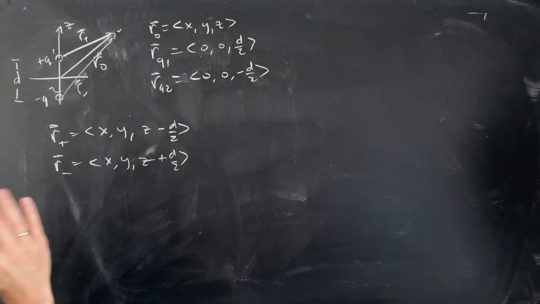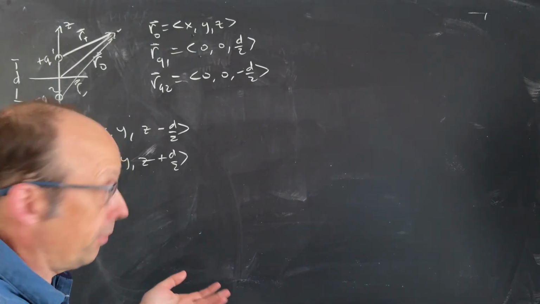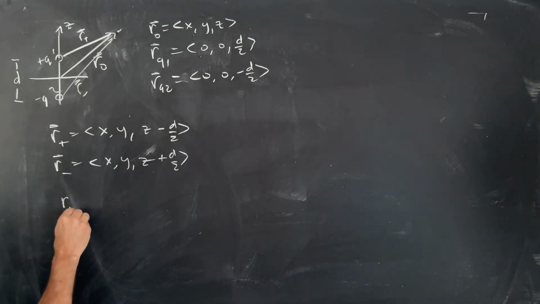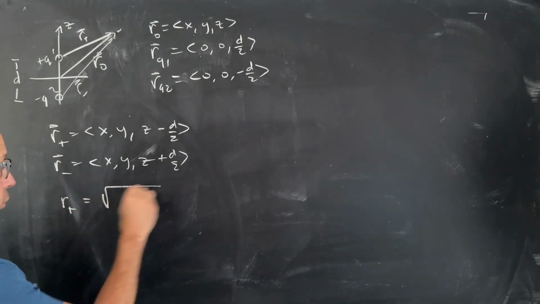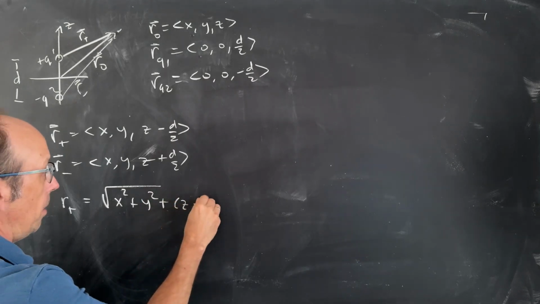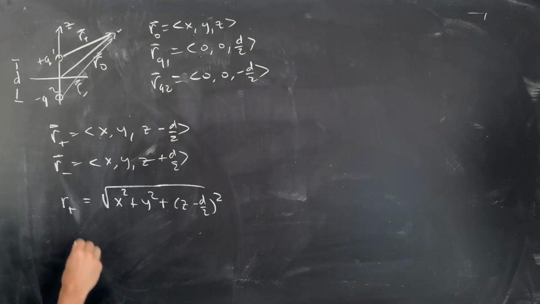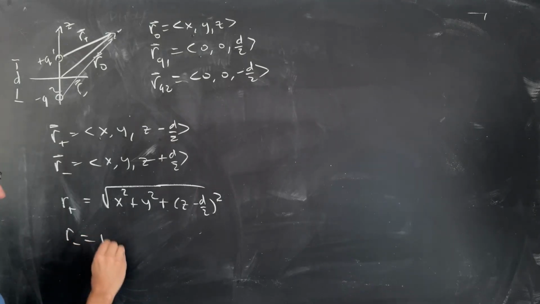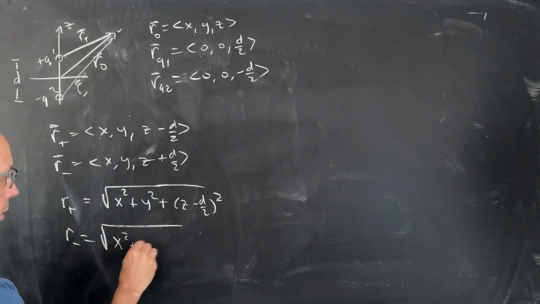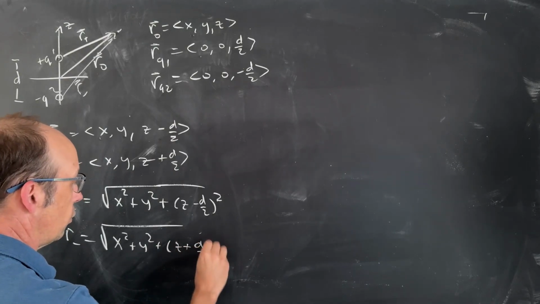Okay, so now we're going to have to find the magnitude of both of these vectors. So I'm just going to say r plus, the magnitude of that is going to be the square root of x squared plus y squared plus z minus d over 2 squared, right? The magnitude of vector r minus is the square root of x squared plus y squared plus z plus d over 2 quantity squared.